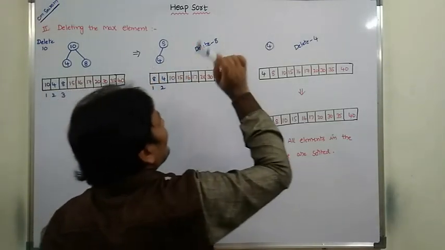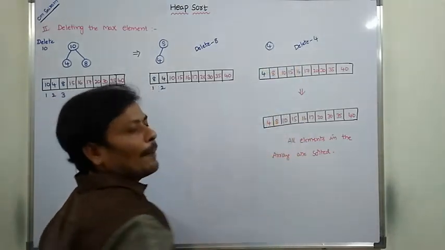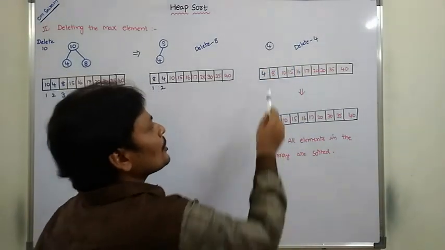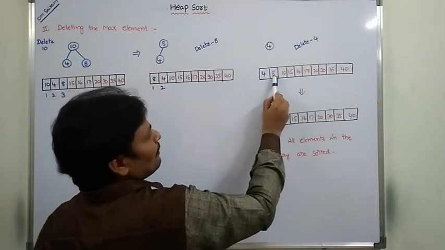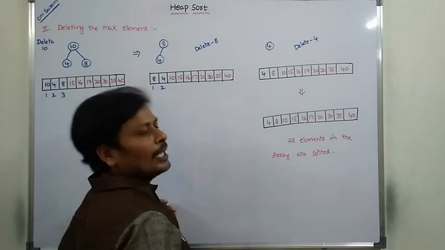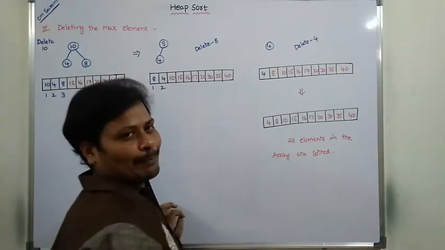Okay, so after deleting 8, this is the complete binary tree we are getting. The deleted 8 can be placed in this place because this place is empty. Now the recently deleted element is placed in this place.